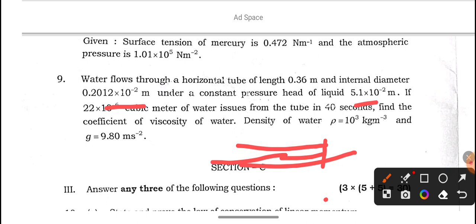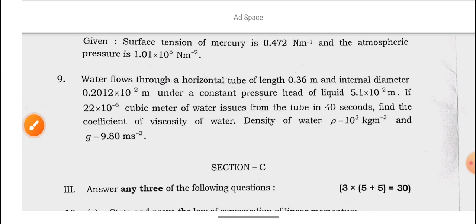If 2.2 into 10 to the power of minus 6 cubic meter of water issues from the tube in 40 seconds, find the coefficient of viscosity of water. Given the density of water is 10 to the power of 3 kg per meter cube and g is 9.80.